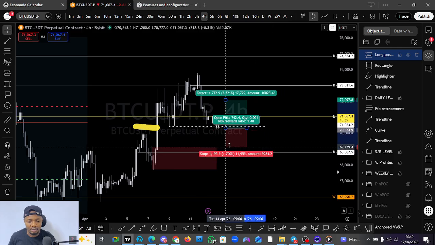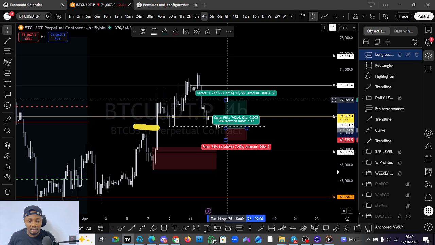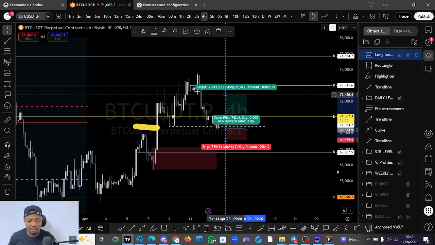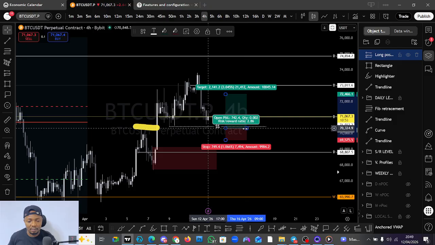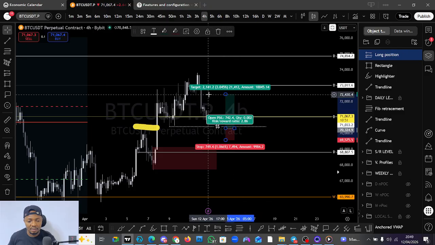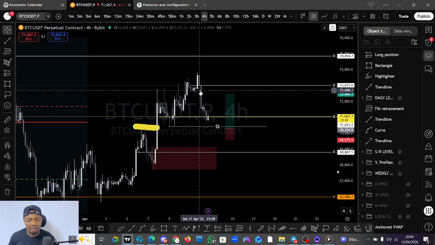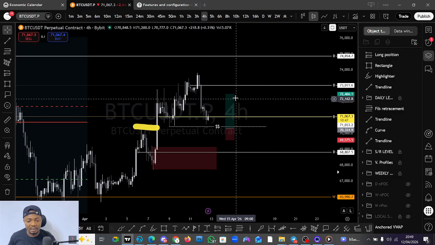So we could potentially get a trade here and target just the fill of that imbalance, single prints. This is an imbalance, target the fill of that imbalance.